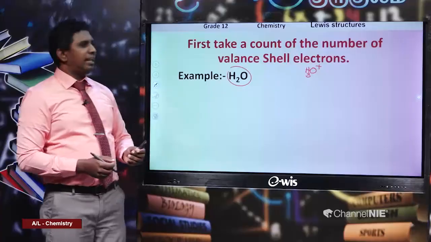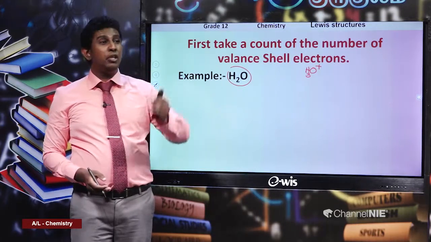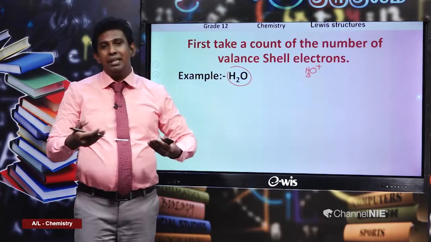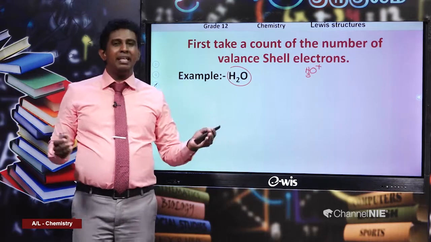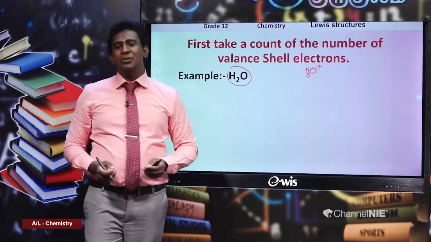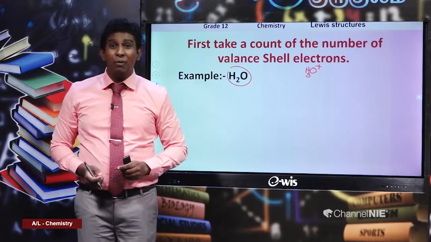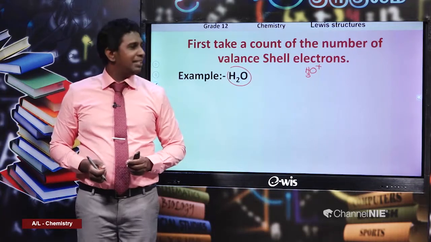You look at the group number of the atom. Group number means in the periodic table, that particular element you could find in the first group, second group, third group, in that manner. If it's a first group element, students, obviously you would get 1 electron there. What about the second group?